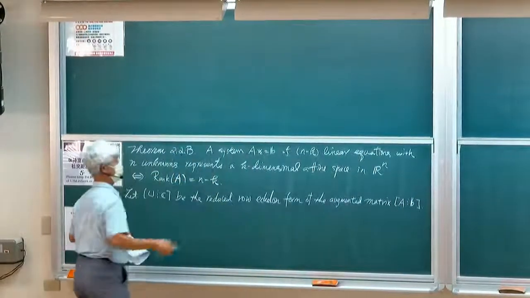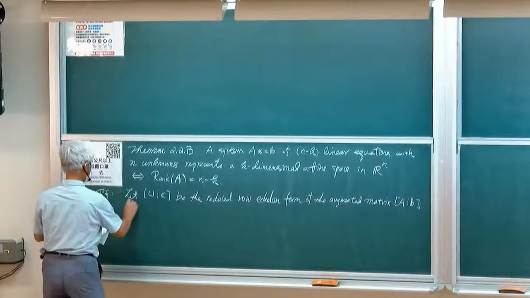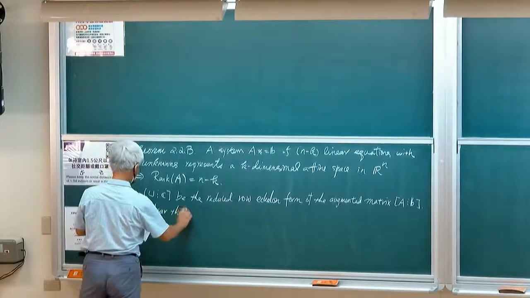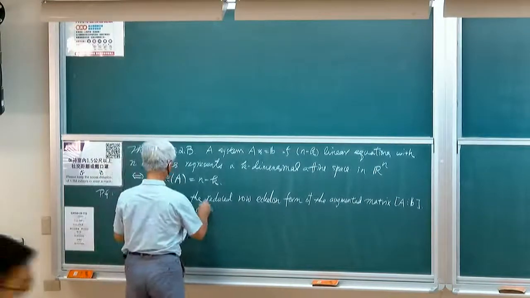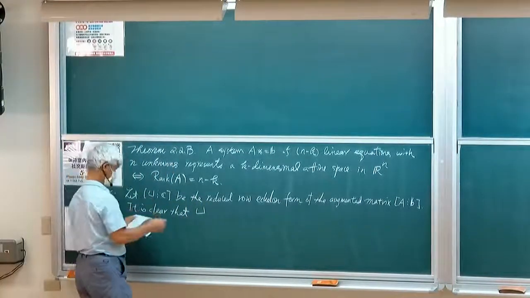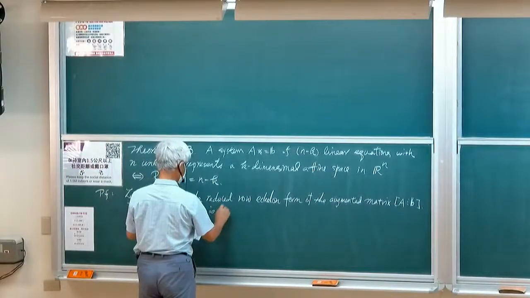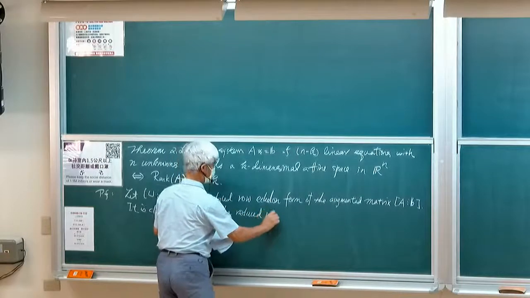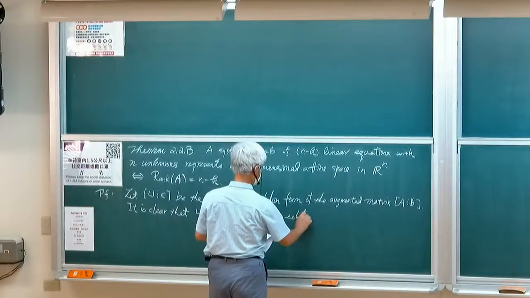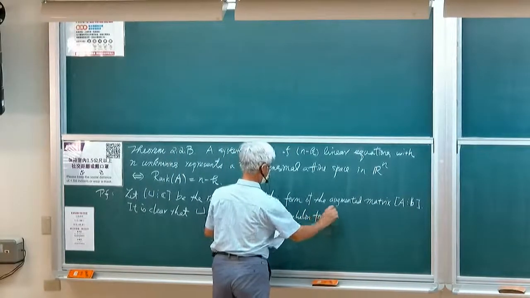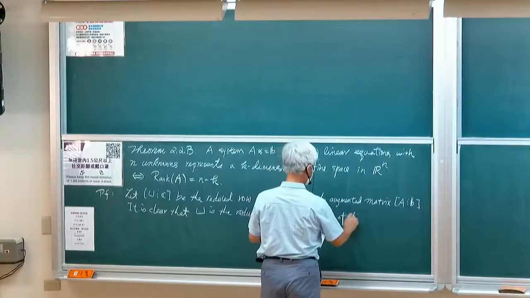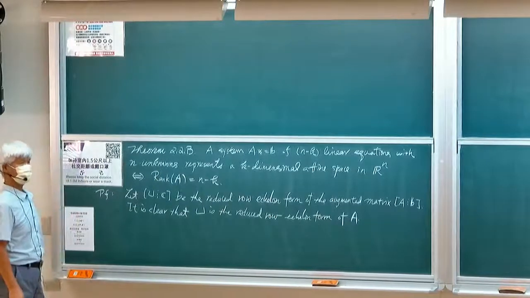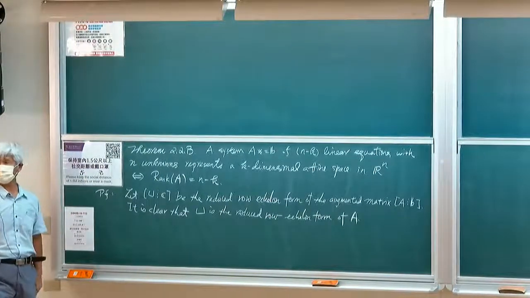It is clear that U is the reduced row echelon form of A. We know that from chapter 1. Any questions?